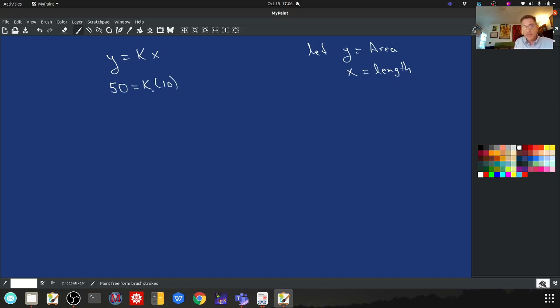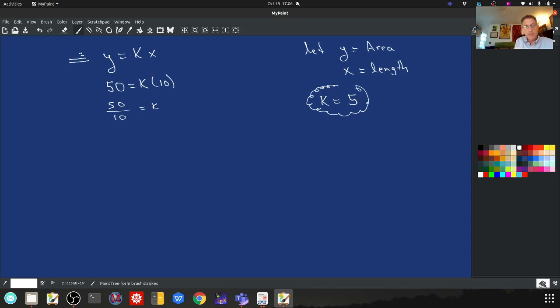So the first thing I'm doing is I'm just solving for k. So 50 divided by 10 is equal to k. So my constant of direct proportionality is 5. So I found my k value. So now I go back up and I replace it in the general equation, and I have y is equal to kx, which is 5x.